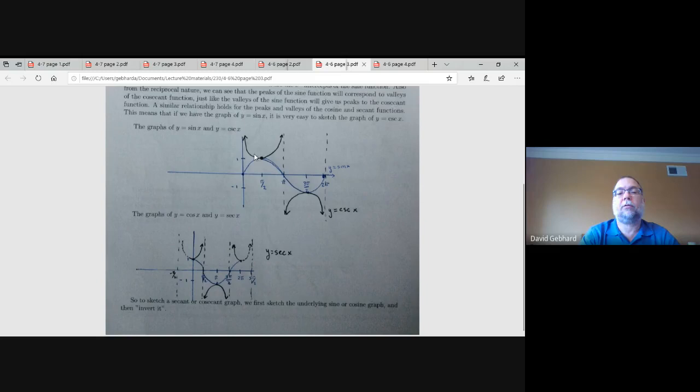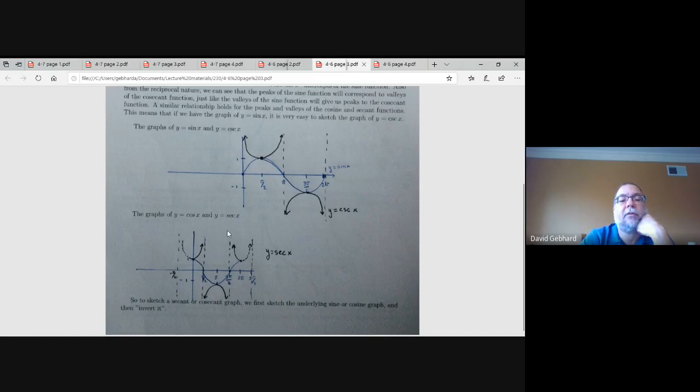And so I'm going to reflect or bounce off of the maximum and minimum values with vertical asymptotes. So it looks like kind of a right side up bowl and an upside down bowl. For the secant, if we're going from 0 to 2 pi, which we usually do, we only get half of the first bowl, we get the upside down bowl, and we get the other half.